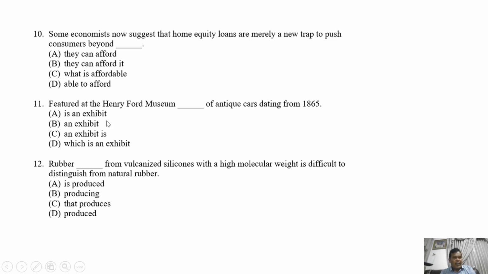So 2 options are possible, A and C. And you know here that when we choose C, it means that we have two noun phrases without any marker separating them.